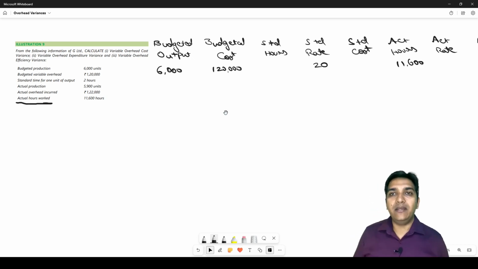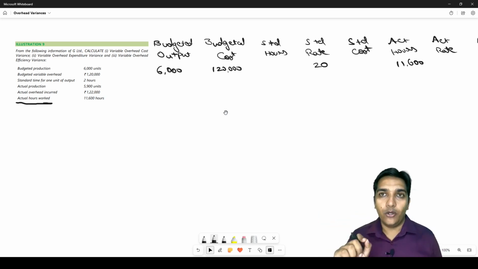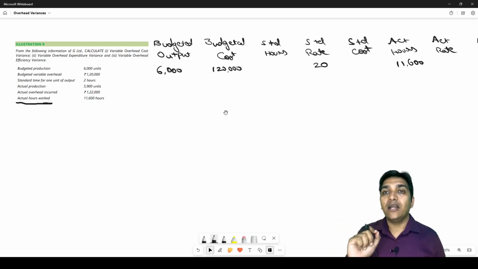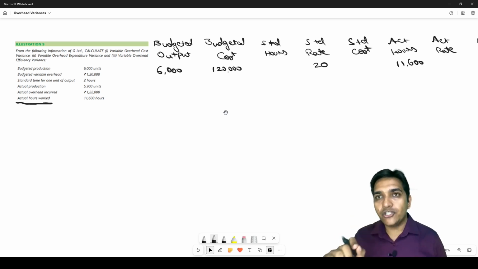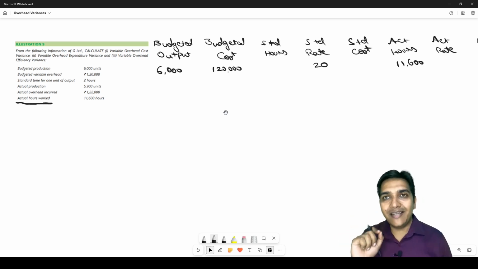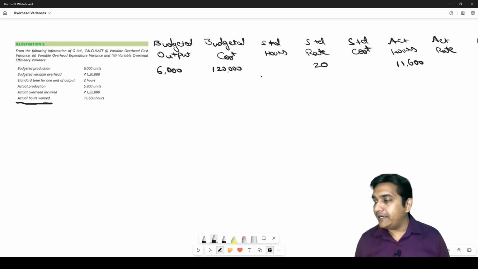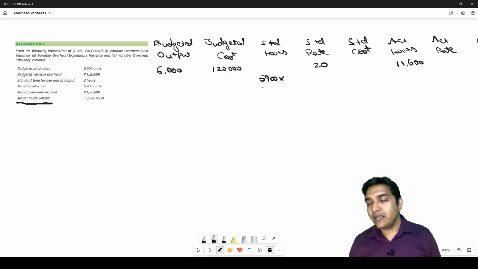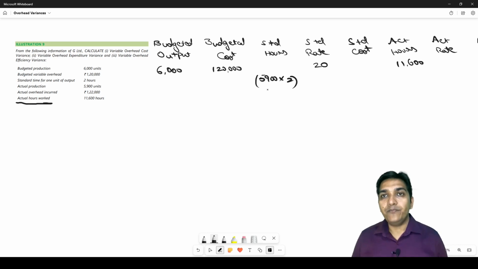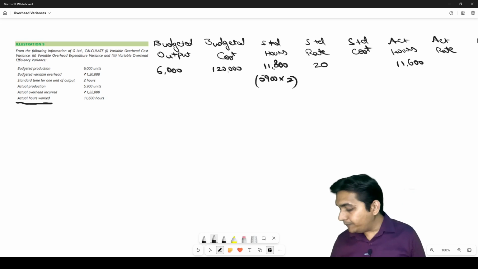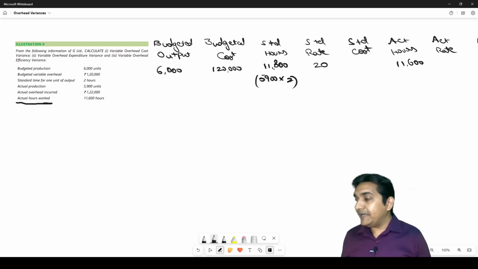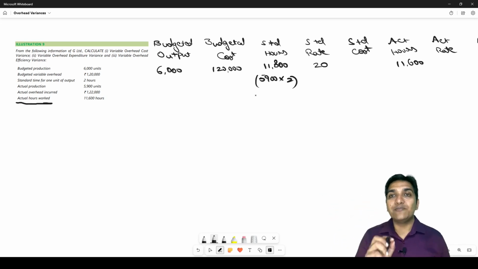Then what will be the hours required to manufacture my actual output, which is 5,900? My actual output is 5,900, standard hours per unit is 2. If we multiply these two, we get 11,800. This is my standard hours.